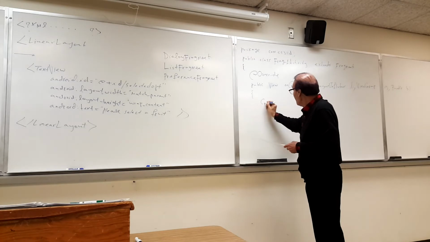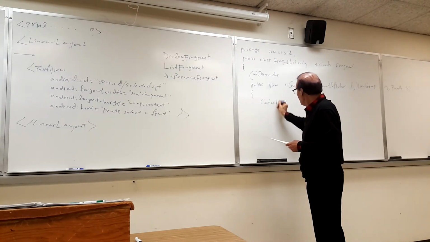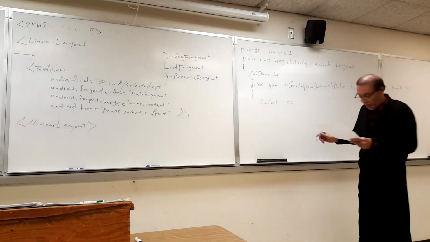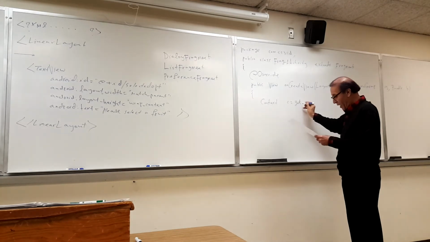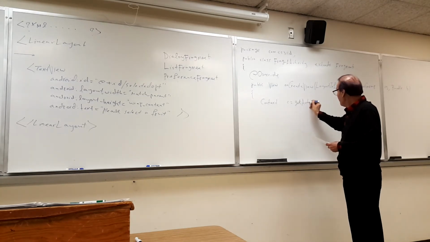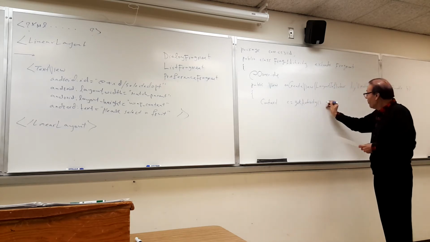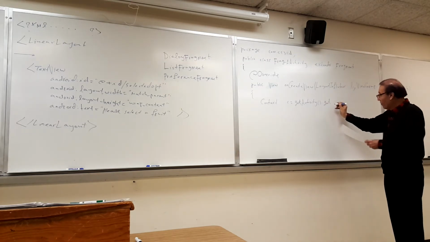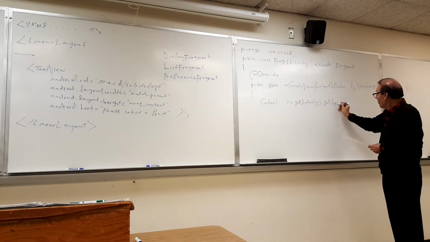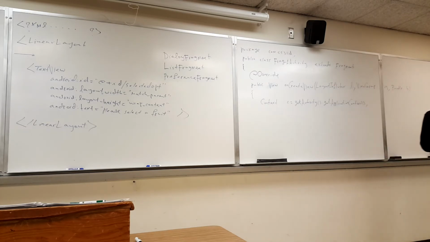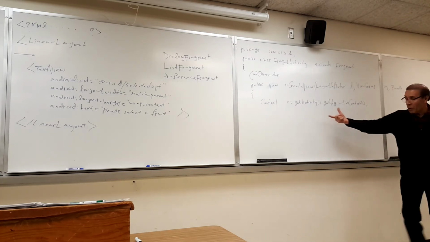Context c equals getActivity dot getApplicationContext. getApplicationContext is one of the methods of the activity class.